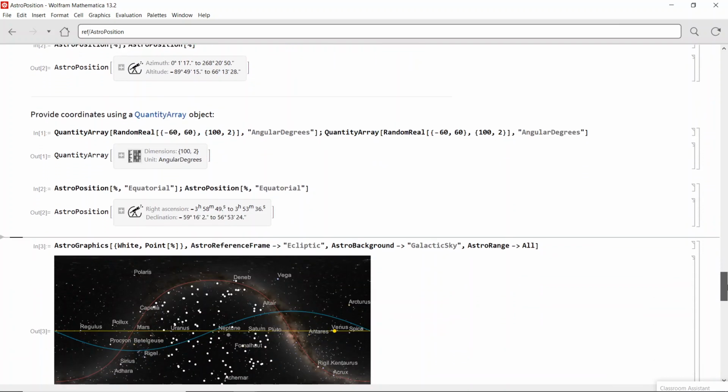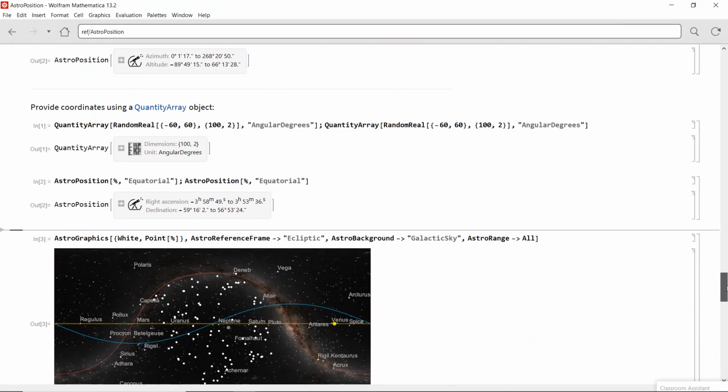AstroPosition, equatorial. Right ascension negative 3 hours 58 minutes 49 seconds to 3 hours 53 minutes 36 seconds. Declination 59 degrees 16.2 minutes 2 seconds to 56 degrees 53 minutes 24 seconds.